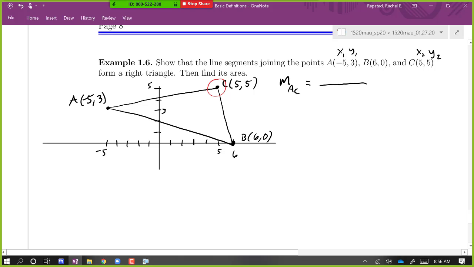So y2 minus y1 is 5 minus 3. x2 minus x1 is 5 minus a -5, so 5 plus 5. And we get 2/10 or 1/5, positive 1/5.